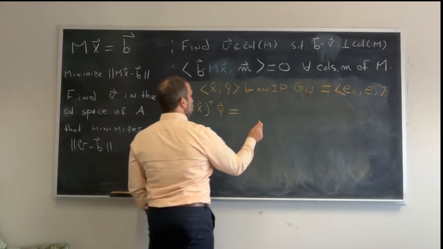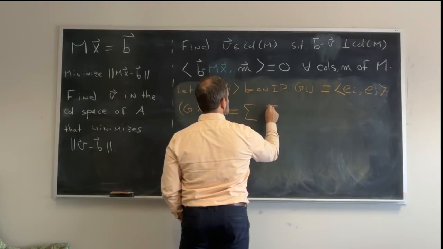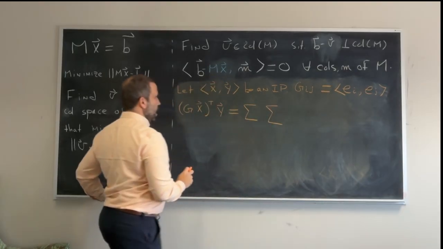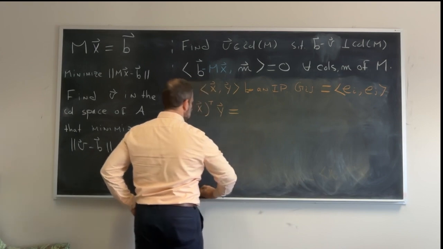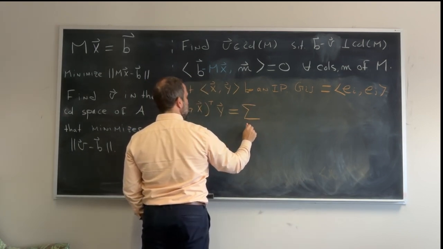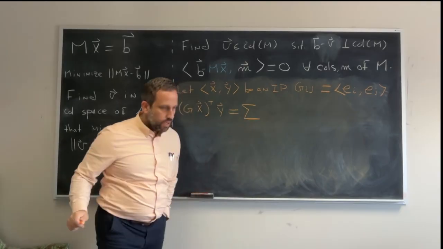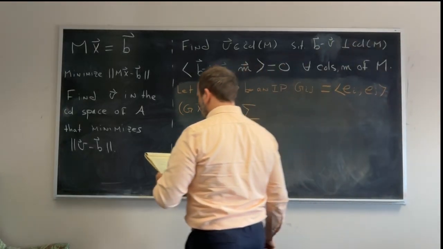Okay, so we can write this as a double sum. Maybe I'll unpack this a little more slowly. Let me make sure I get the indices right here, because I want to keep standard indices, i being the row and j being the column.